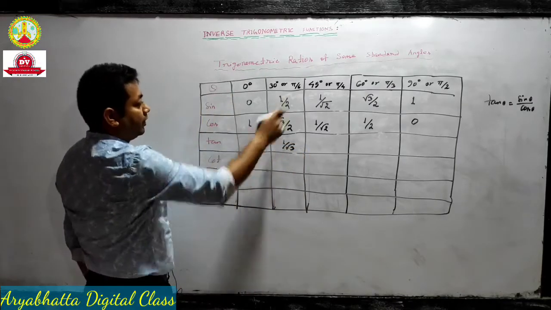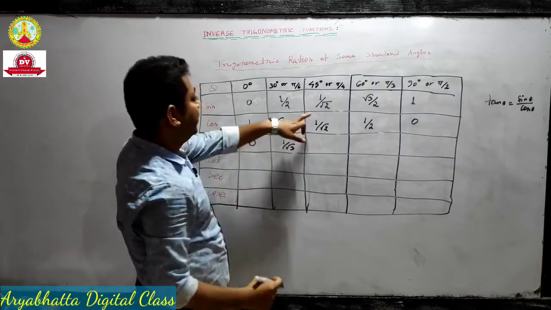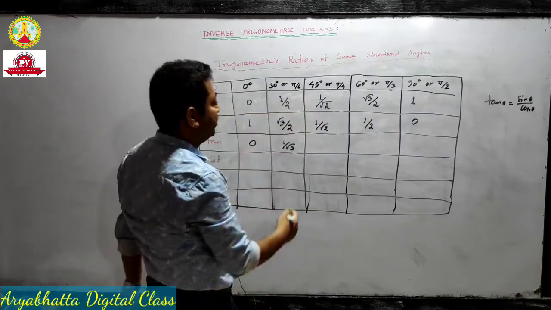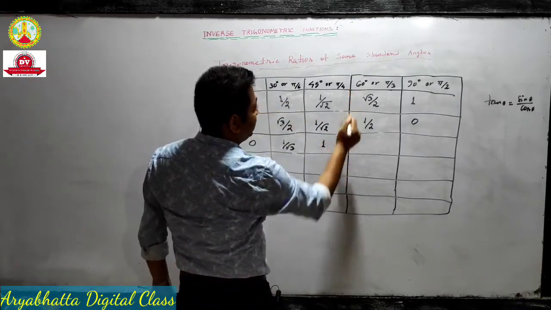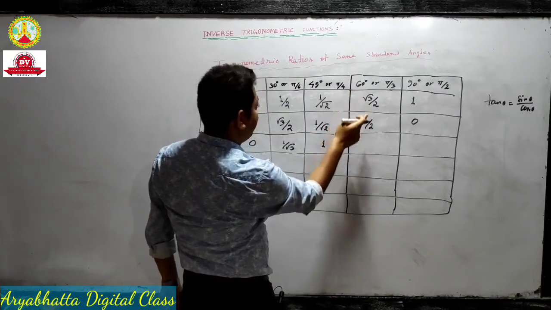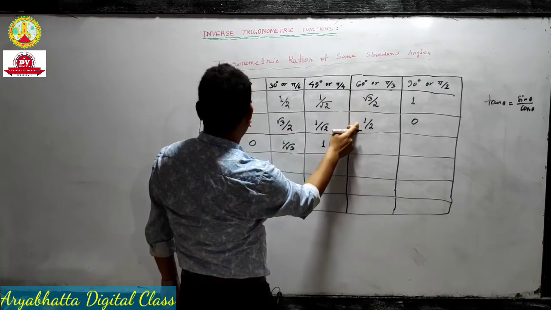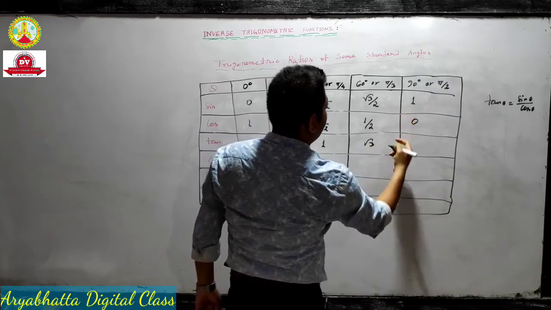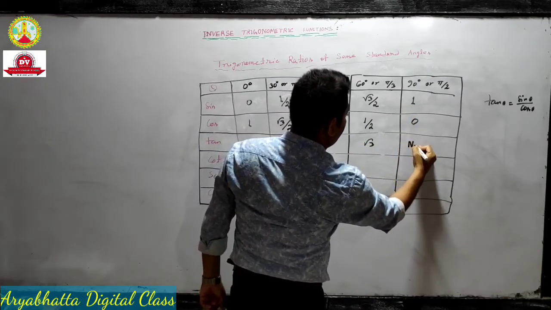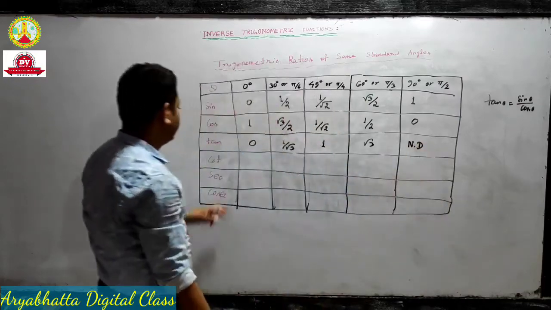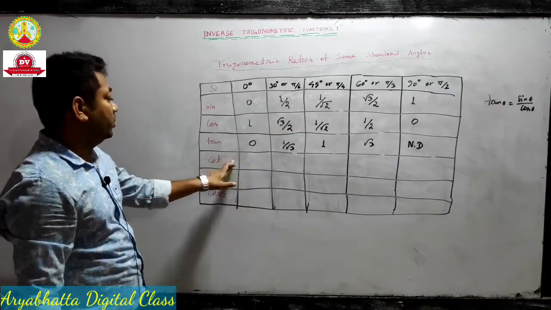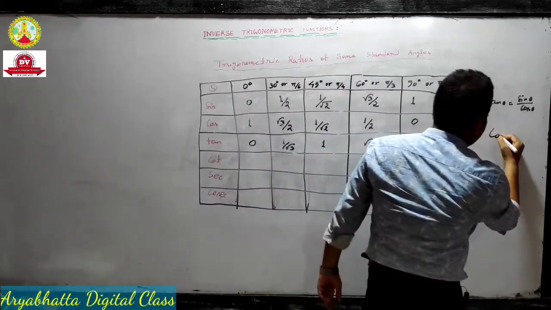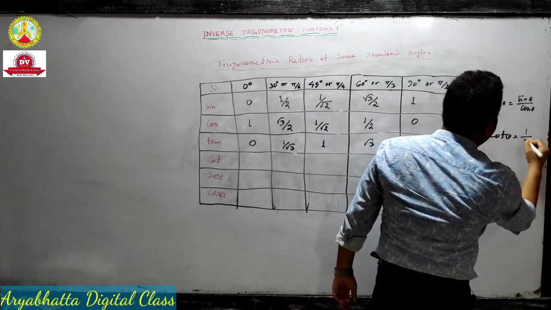Next, tan 45 equal to 1. Tan 60 degree equal to sin 60 degree divided by cos 60 equal to root 3, and tan 90 is not defined.